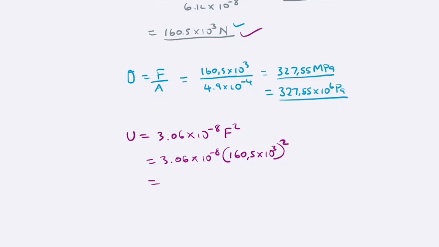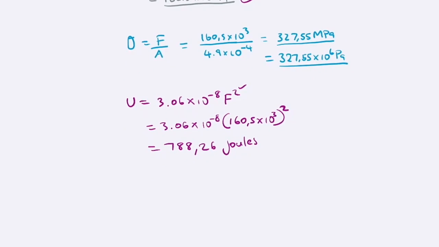Don't forget to put the squared here, because there's a square on the force. When you calculate this, it's going to give you a strain energy of 788.26 joules. That is the strain energy we are required to find from the problem statement on question 2.